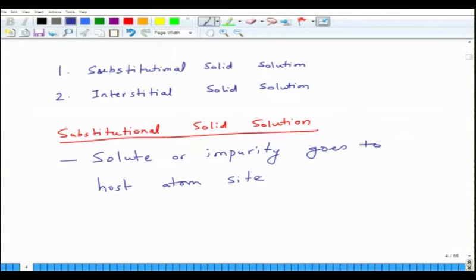So it replaces the host atom, it occupies the same site as the host atom. However, the manner in which it can do that could be random. So it can randomly go anywhere, or it could be ordered.